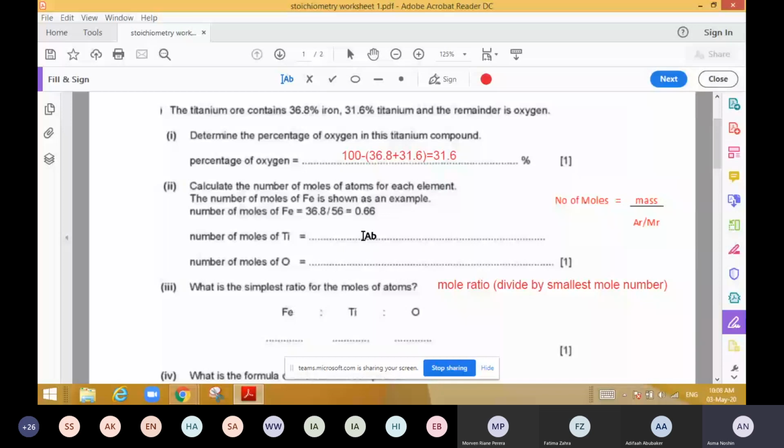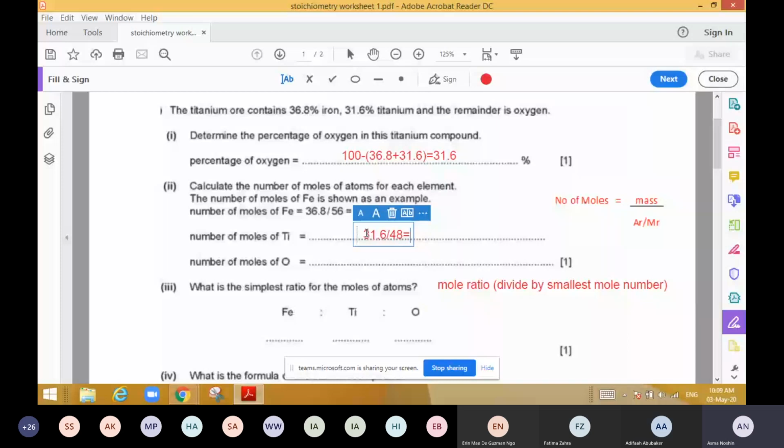Very good. So what will be the first step to find the number of moles for titanium? 31.6 divided by 48. What is the answer coming? 0.65.